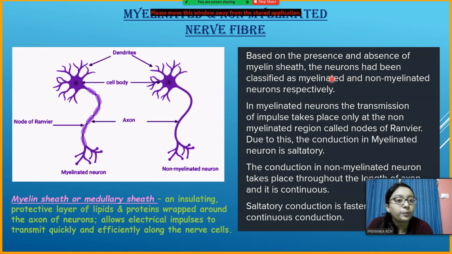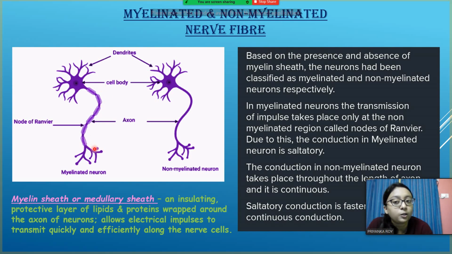So based on the presence or absence of myelin sheath, neurons are classified into two types, myelinated neuron and non-myelinated neuron. In myelinated neurons, the transmission of the signal takes place from one node to another. So the impulse transmitted through the length of the axon does not cover the whole length, but goes in a jumping movement from one node to another.